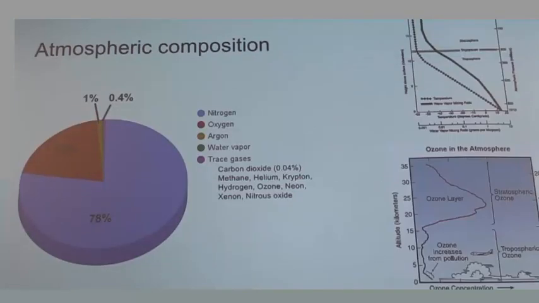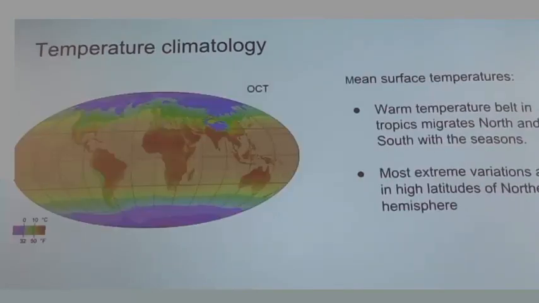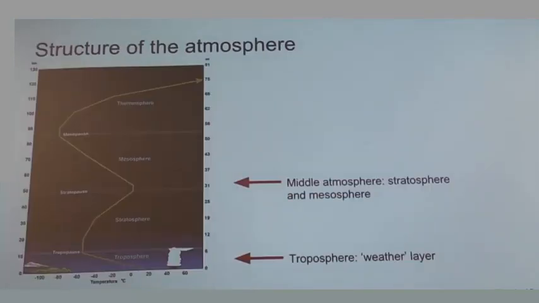I didn't point it out, but there's something called the magnetosphere, which is above the thermosphere. And that's where the magnetic dipole and magnetism is, and that's taking a lot of these ions that are coming from the sun.